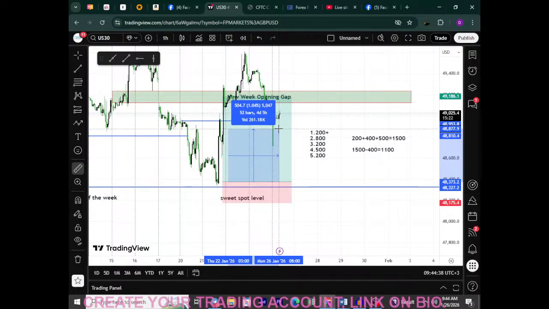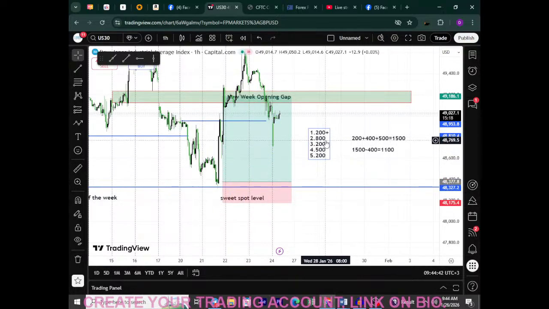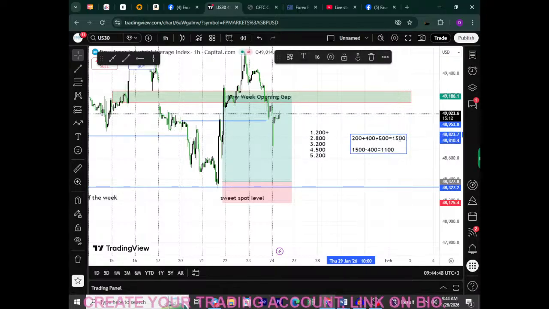So even 500 is also very good. So each trade you get 500. So this is around 1100. Total this is 1100. So 1100 minus 400, that's around 700, which is still a lot.